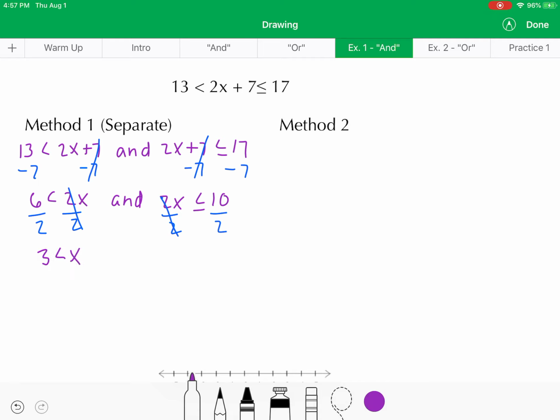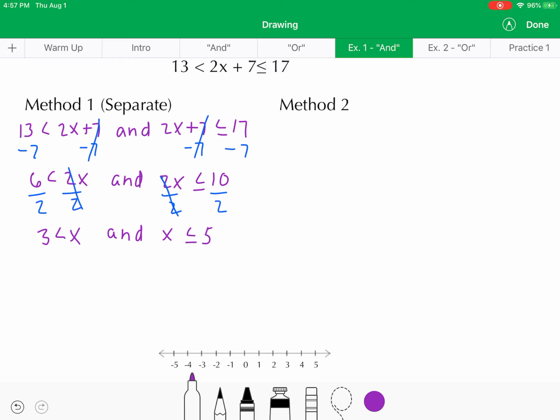Three is less than x, and x is less than or equal to 5. So that would be one way of representing your solution. And another way, you could put it back in the form that it started in. You could just say 3 is less than x, which is less than or equal to 5. Either one works. It doesn't matter to me.